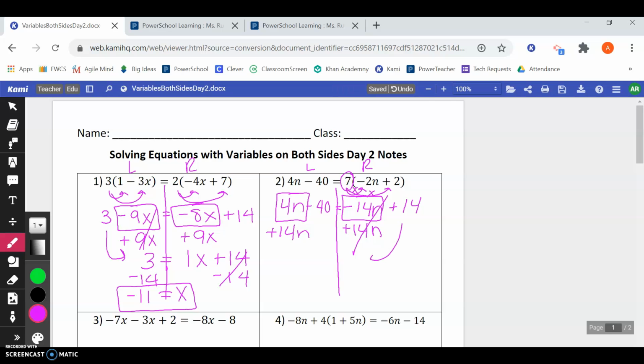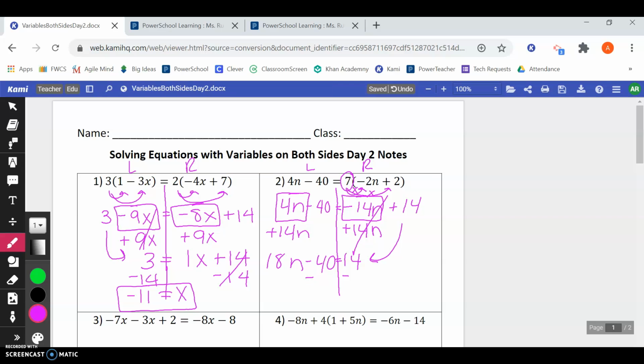I still got my 14 over here equals, and then I'm going to combine like terms on the left. So 4n plus 14n, that's 18n, minus 40 equals 14. I'm going to add, oh sorry, my bad.